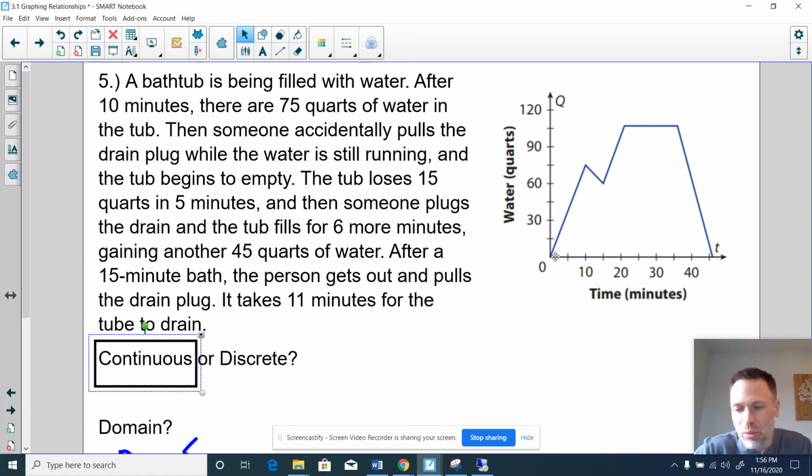So the problem with writing all of the X values out is that I can't physically list them all, right? Because 10 minutes works, but 11 minutes works, and 11 minutes and 30 seconds works, and 11.6 minutes works. What you should understand is that it's not possible for you to physically write them all out.